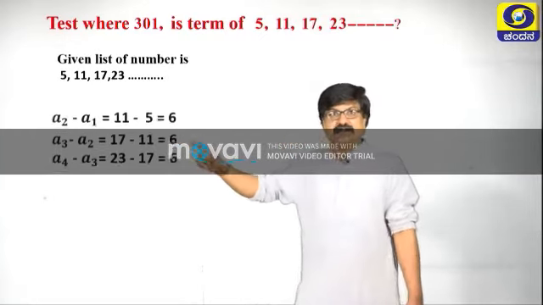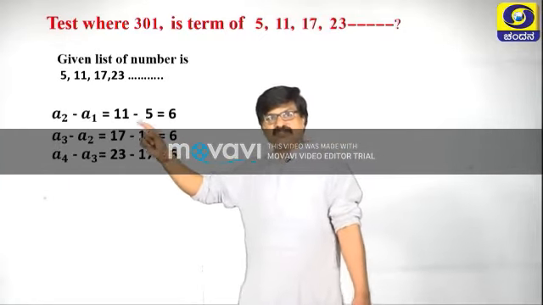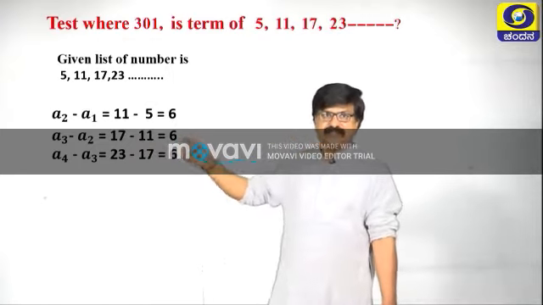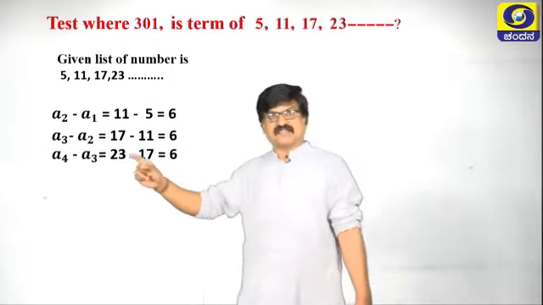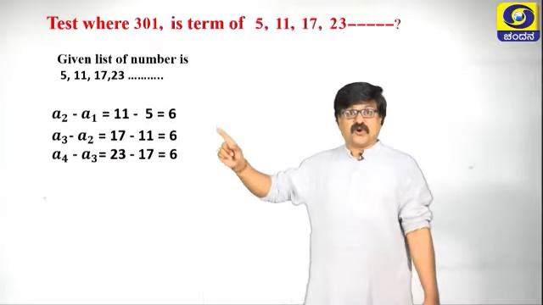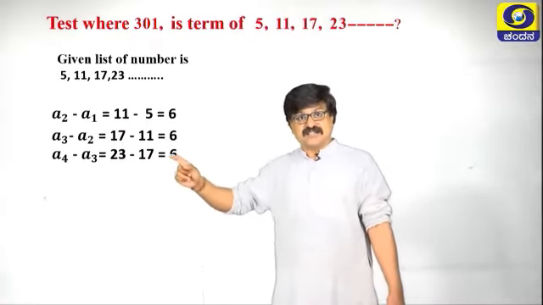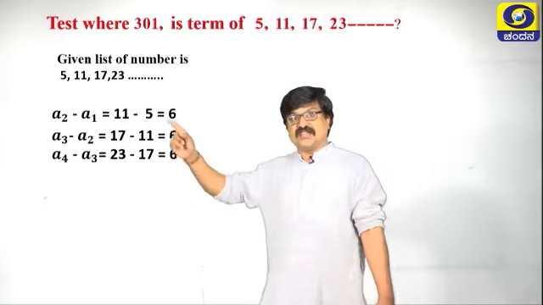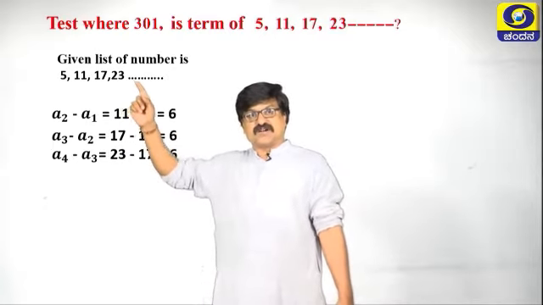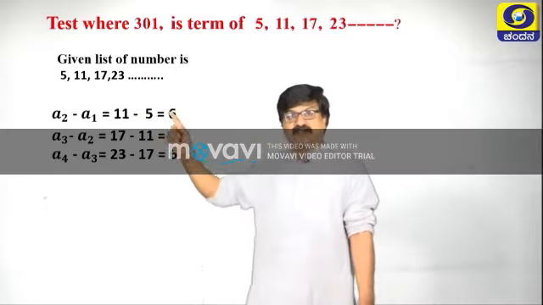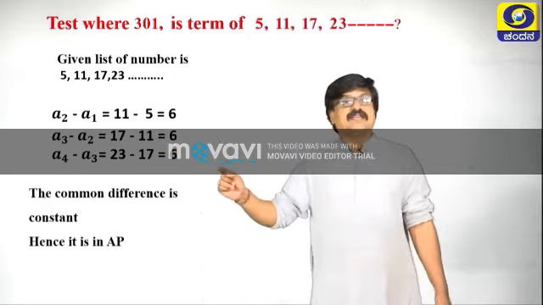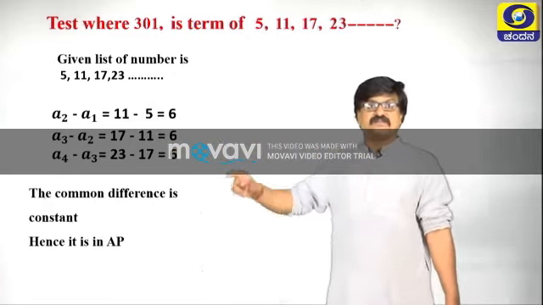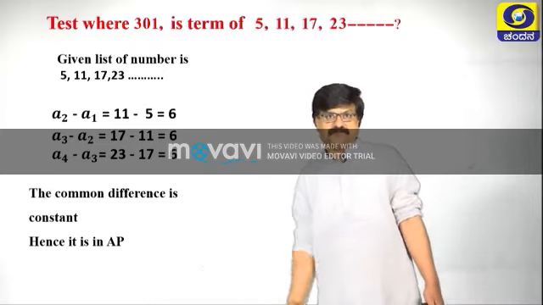For that, check a2 minus a1 value 6 here, a3 minus a2 is also 6, a4 minus a3 is also 6. Therefore, the difference between any two consecutive terms of this list of numbers is constant, hence the given list of numbers is in AP.